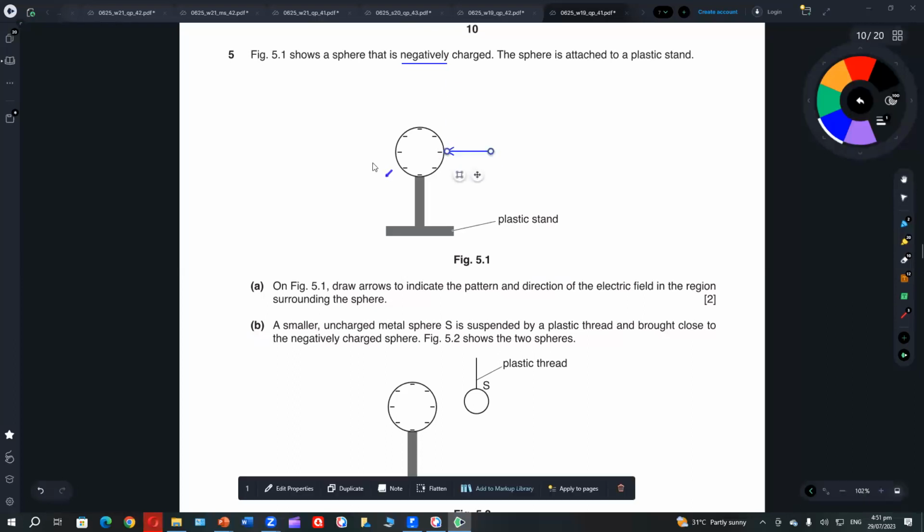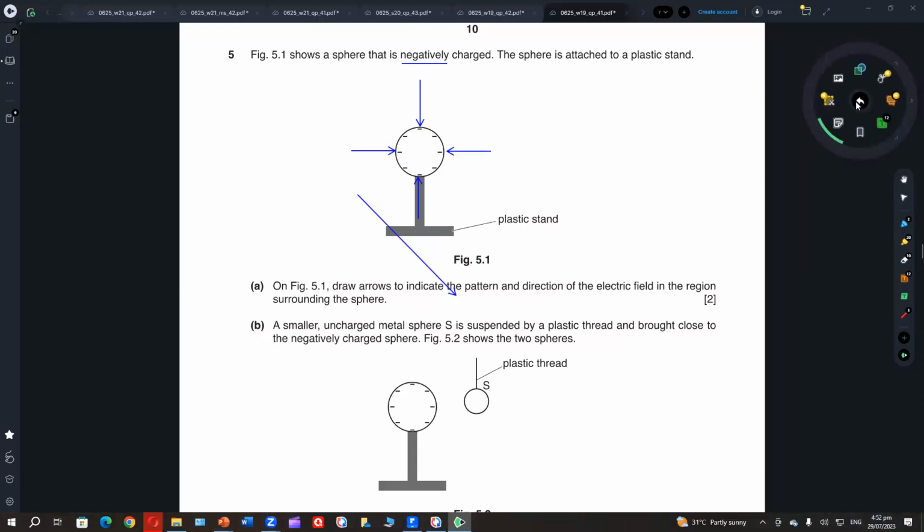Figure 5.1, indicate the pattern. You can always see the notes, but ideally you should memorize it yourself. Draw with me.